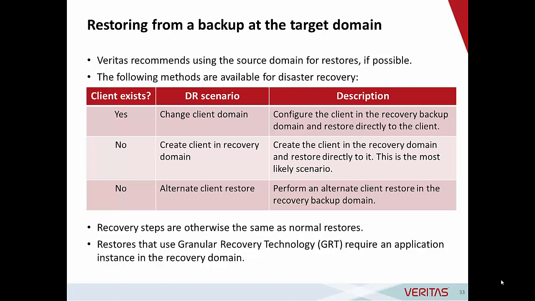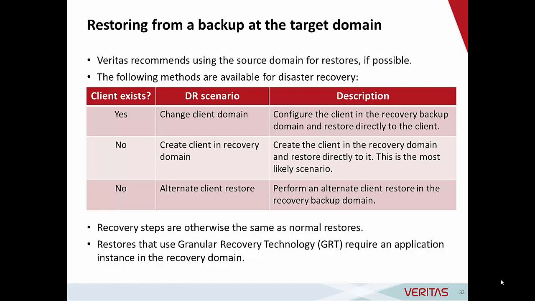Or if it's been a more serious problem where this client no longer exists in the source domain, well then I could create a new client, same host name presumably, in the recovery domain, and then restore data directly to it. Or an alternative would be to do an alternate client restore.